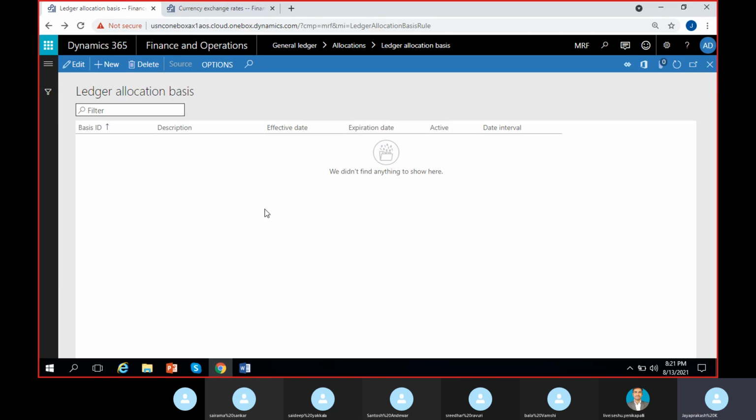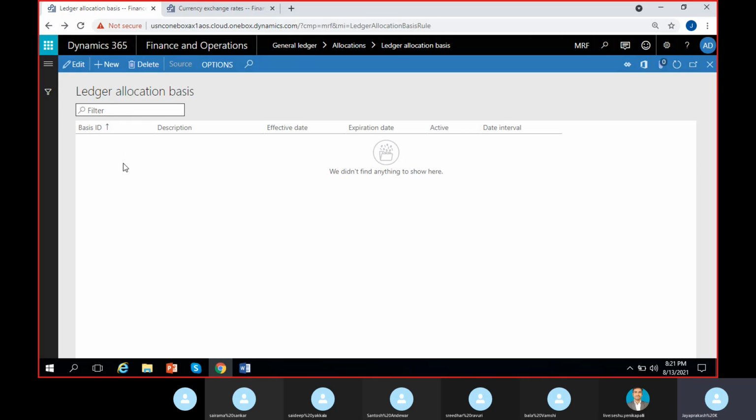Basing on the revenue entries, we are dividing the allocation expense, the single entry of allocation expenses. So the basis is revenue. Revenue along with location value combination is the basis. So now we will create the basis ID.